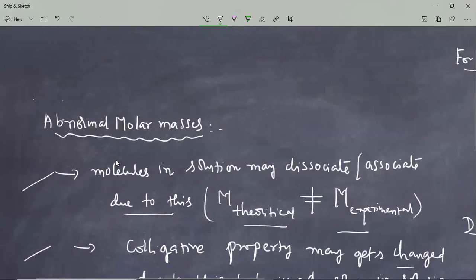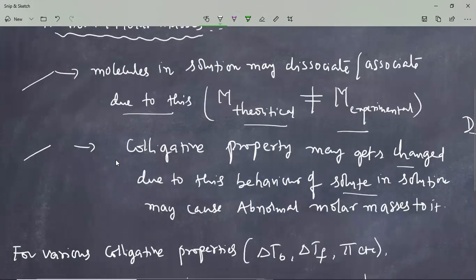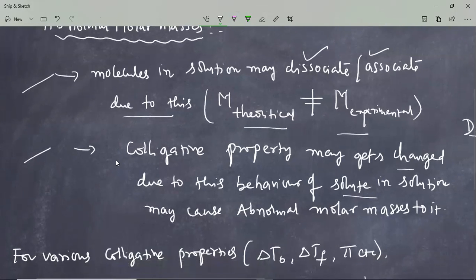Now, first we have talked about abnormal molar mass. Abnormal molar mass comes from the dissociation or association of the solute molecules in the solution, and the calculated molar mass is not equal to the experimental value. So the theoretical value and experimental value are not the same.